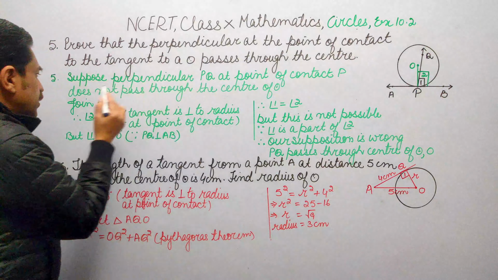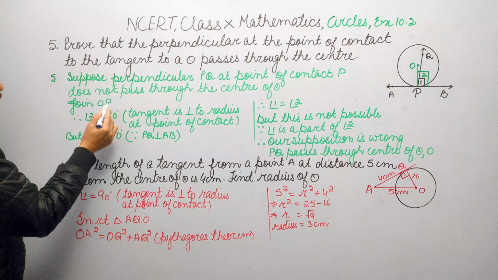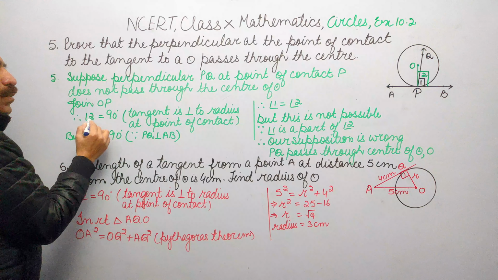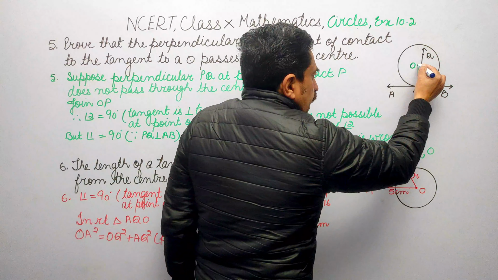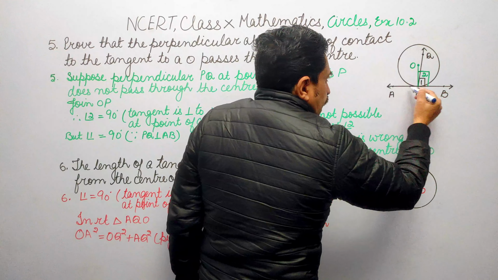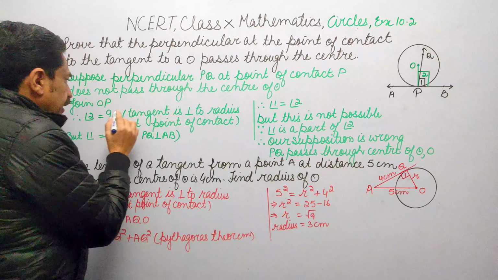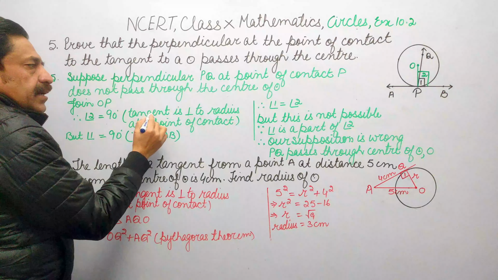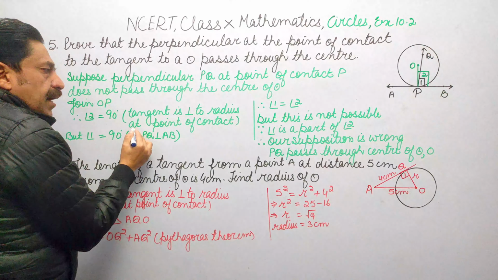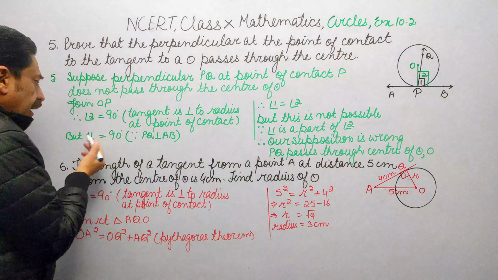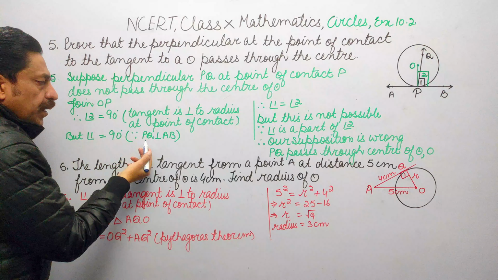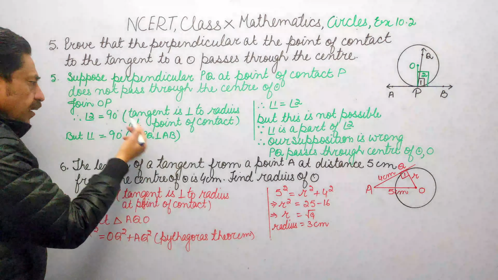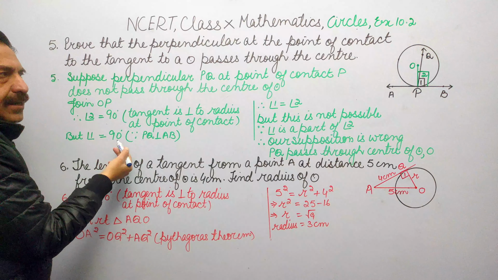So what we do is join OP. Now what about angle 2? Angle 2 is the angle between radius and tangent. This angle is 90 degrees, because the tangent is perpendicular to the radius at the point of contact. And angle 1 is 90 because PQ is perpendicular to AB. Each of these angles is 90.